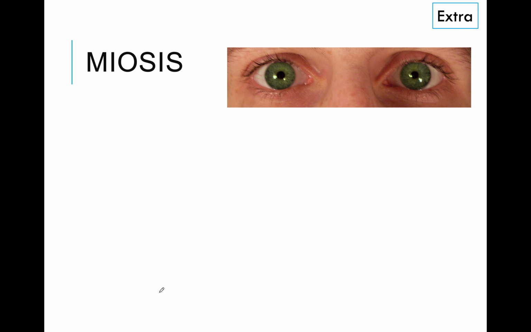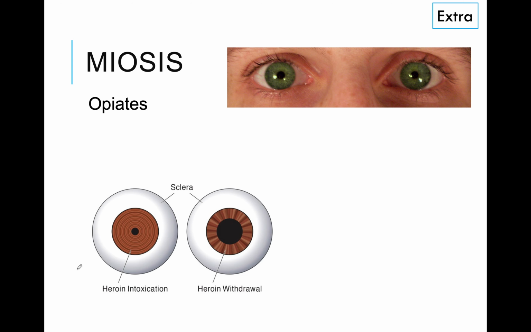Okay, now these are some terms that I'm going to introduce that aren't in your notes, but you may be interested in. So the first is meiosis. Without the E, this isn't a form of cell division to make gametes. This can be caused by, so we can see here the pupil constriction, opiates, and it is a fairly, what am I thinking of the word?